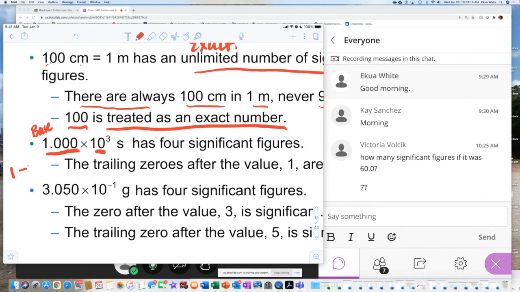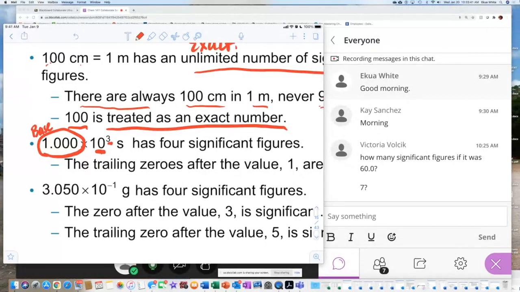So let's say the number, let's call it A, is between 1, it can be equal to 1, and then less than 10. With this number here, the base part of the number is the number that we are assigning significant figures to, not the times 10 and the power, just the base number.